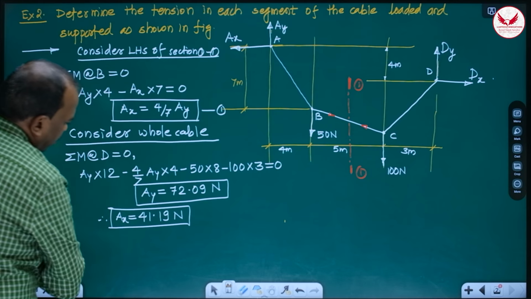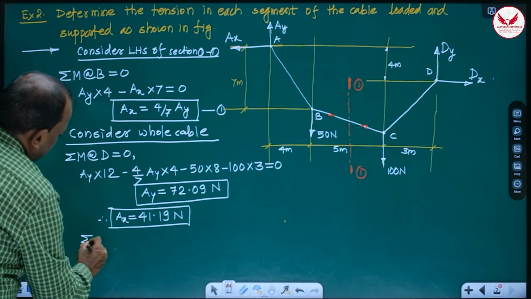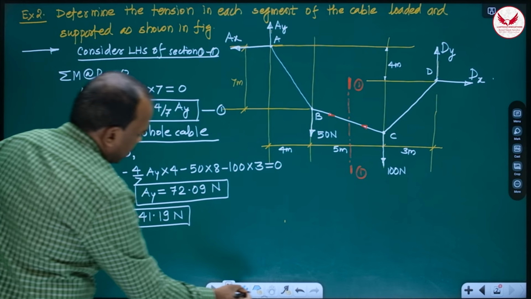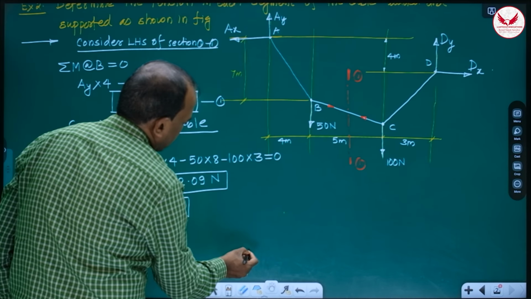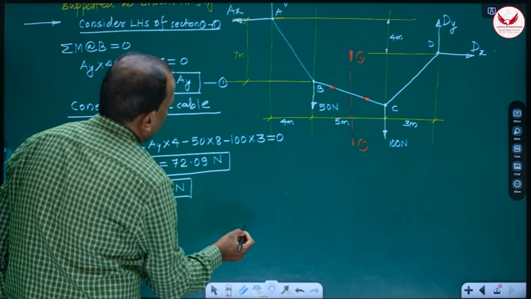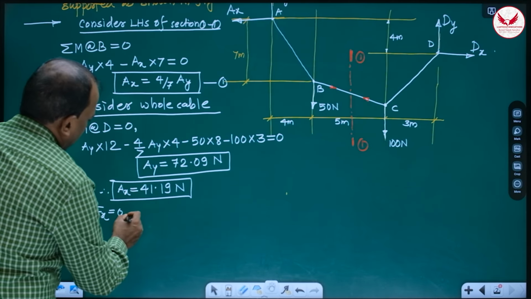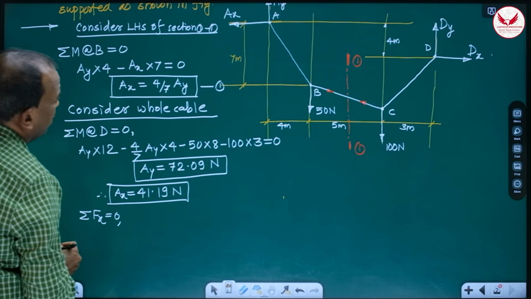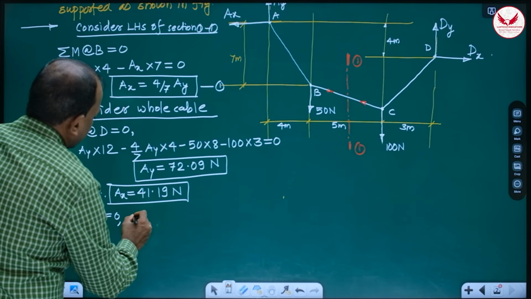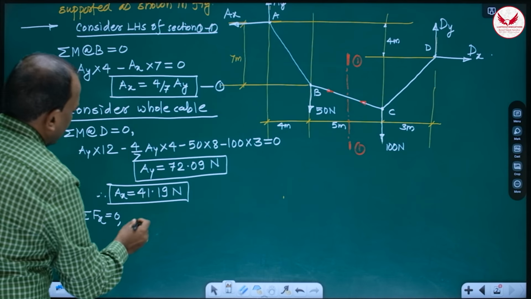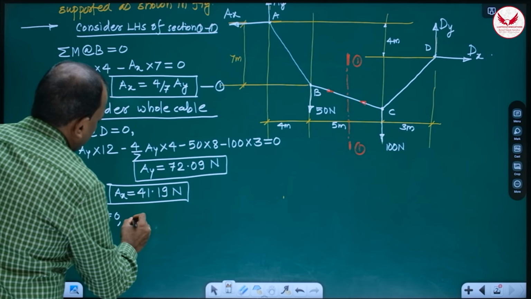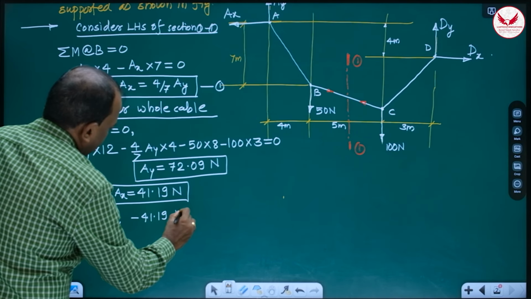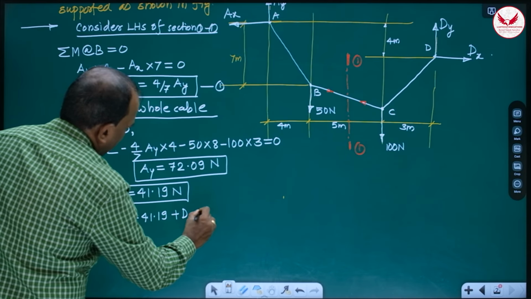And now for the whole cable, if we use summation FX is equal to 0, then what we'll get? For summation FX, minus AX, that we know, plus DX: minus 41.19 plus DX is equal to 0.